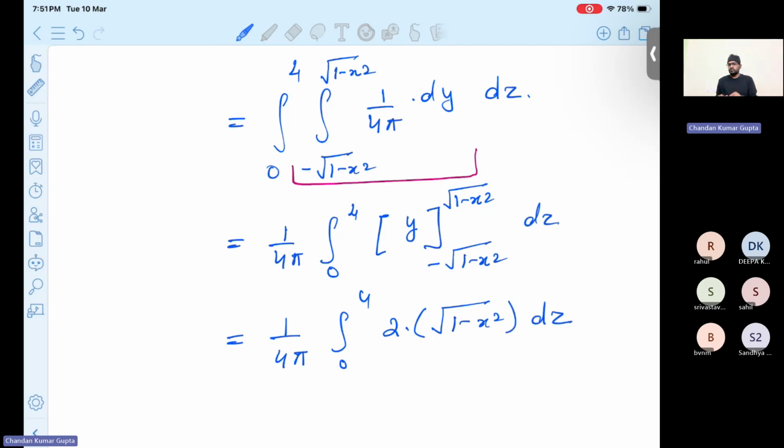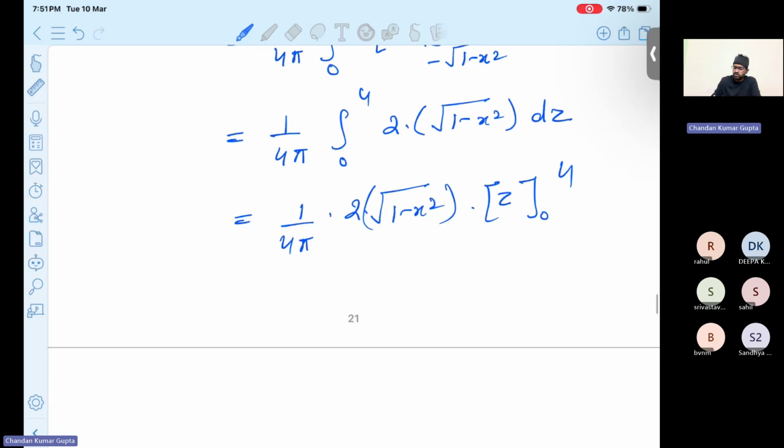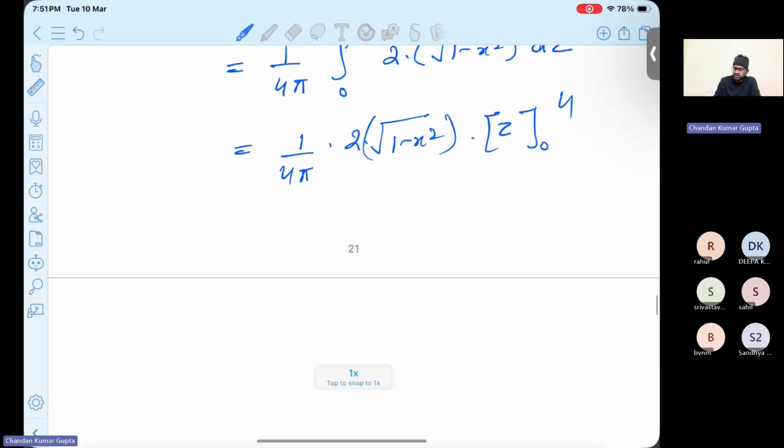Since it is not a function of z, it comes out to be like 1 upon 4 pi into 2 under root of 1 minus x square into z, now 0 to 4. So overall, what does it come up to be?